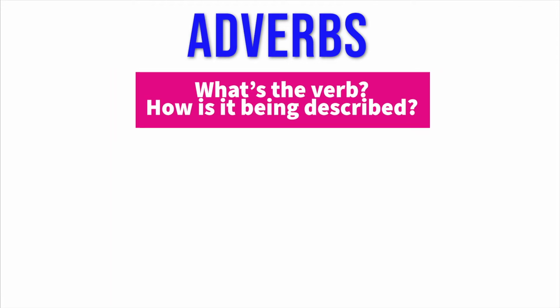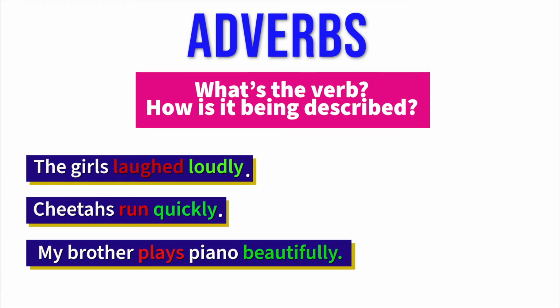So here's some examples. Whenever you're writing with adverbs, you have to ask yourself the question, what's the verb of the sentence and how is it being described? So here's a few sentences for you to make this a little bit more simple, okay? So here's the first one. The girls laughed loudly.